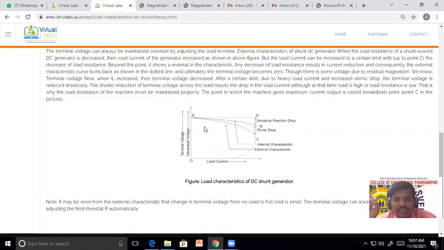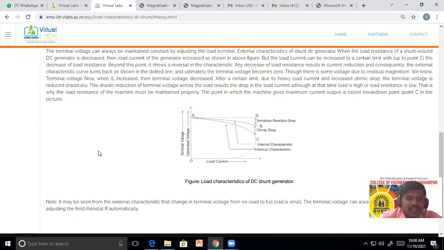Generally the DC shunt generator is used for constant voltage applications. Again, if the armature reaction drop is taken into account it slightly reduces, and if the ohmic drop is taken into account, then again it is lower than the internal characteristics.